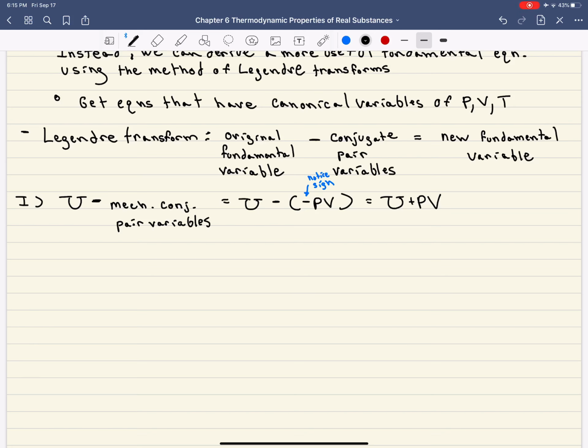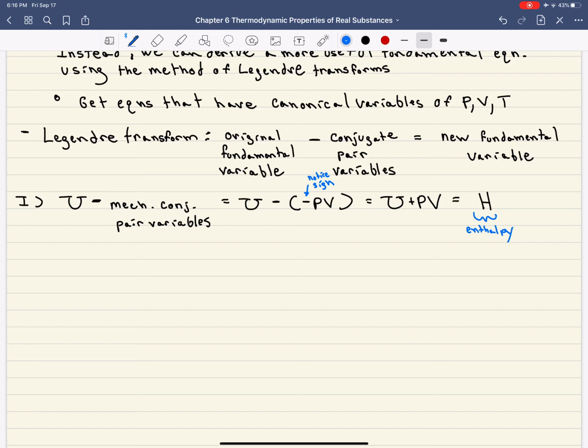All right, and so this U plus PV is going to give us a new fundamental variable, but it's one that you've seen before, right? Because you should recognize at this point that U plus PV is just enthalpy. Okay? And so this definition of enthalpy is something you've seen before, right? But what we want to do now is figure out the fundamental equation for enthalpy.